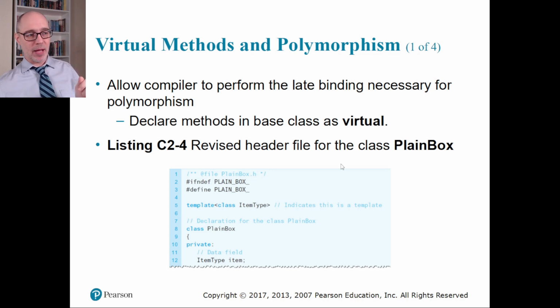So virtual methods, we've already seen that a couple times, but the real reason we need that is that's the signal to the compiler to perform the late binding, or, for what it's worth, in our prior semester we called that dynamic binding. It's the dynamic binding necessary for polymorphism.